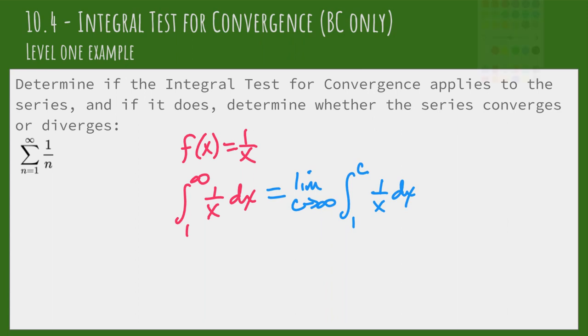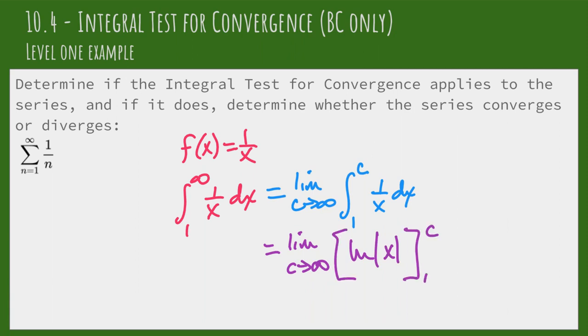So this, evaluating with the antiderivative, is going to be the limit as c approaches infinity of the natural log of the absolute value of x evaluated from 1 to c, which is going to be the limit as c approaches infinity of the natural log of c minus the natural log of 1.